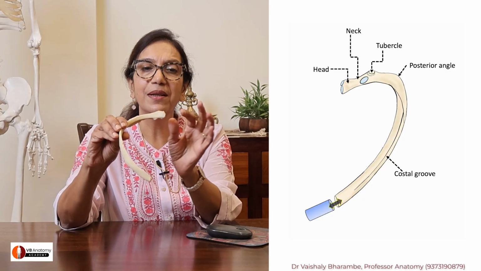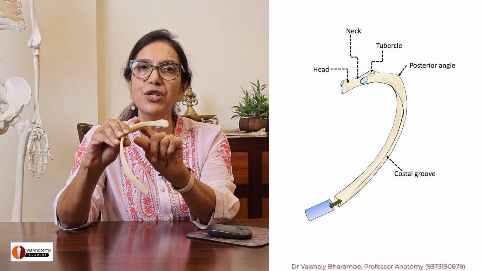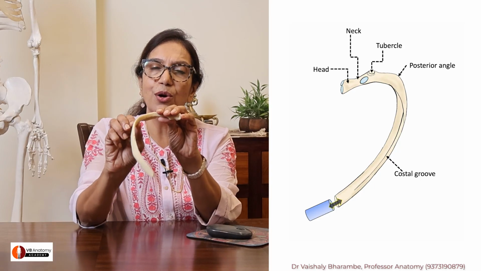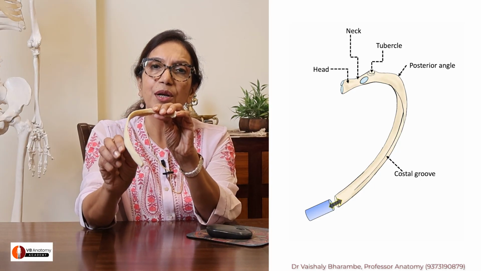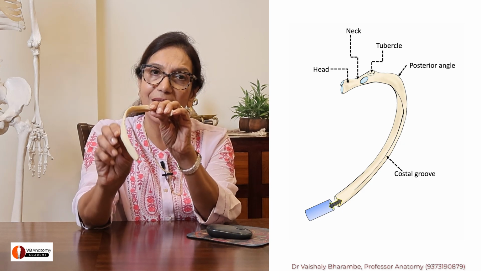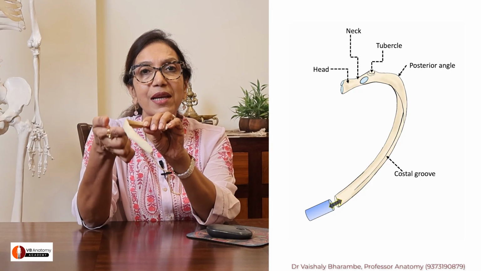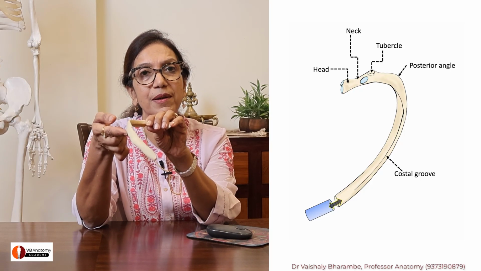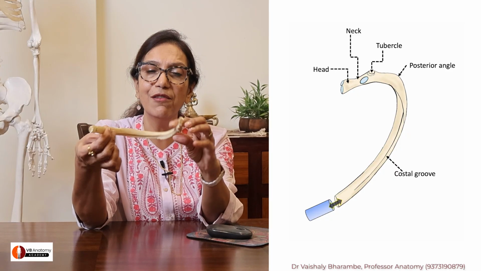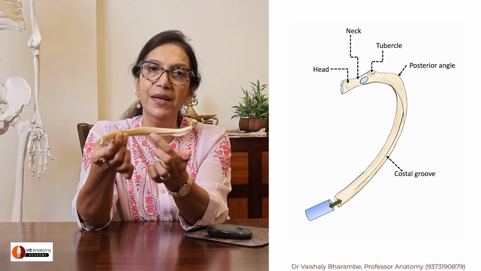In a rib, this is the head, the neck, the tubercle, the posterior angle, and if you run your hand along the inferior border, you will be able to see a clear groove. It's quite well defined, a well defined groove along the inferior border of the rib. If you look carefully now, you'll be able to see this groove. Can you see it? Right.